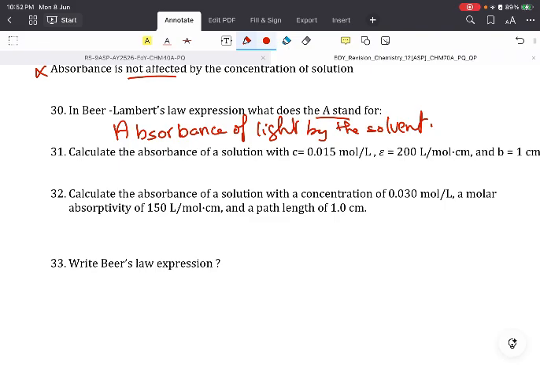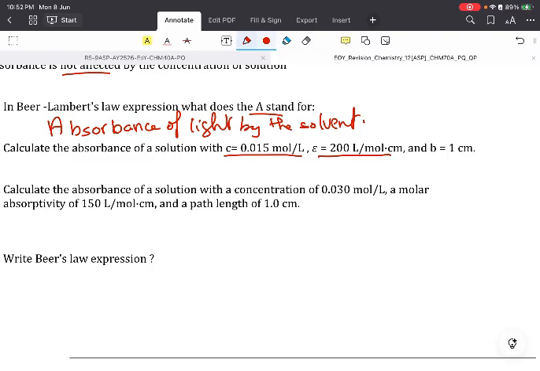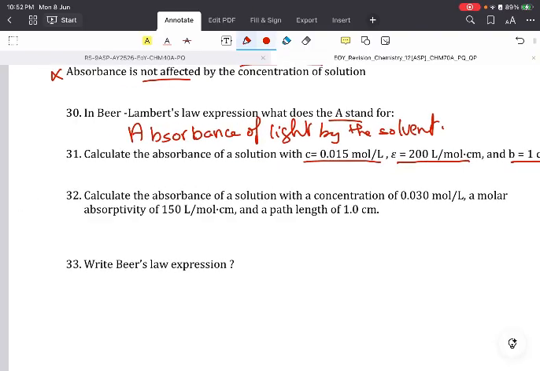Now, calculate the absorbance of a solution with a concentration of 0.015, molar absorptivity 200 liter per mole centimeter, and the path length of light is 1 centimeter.